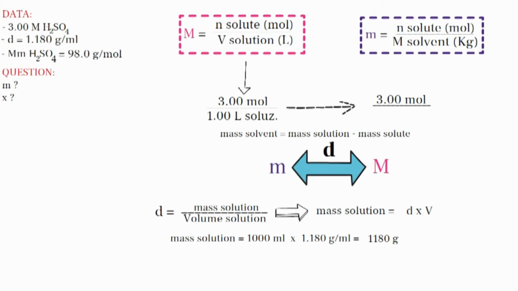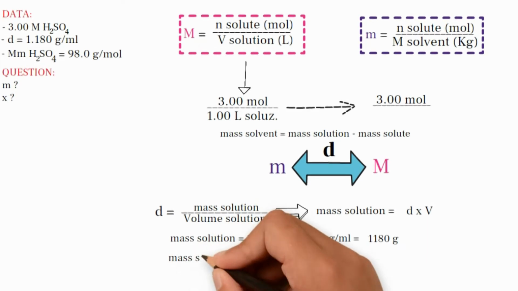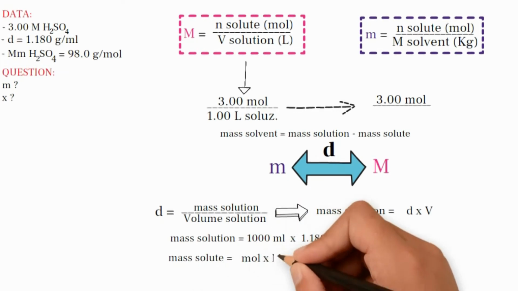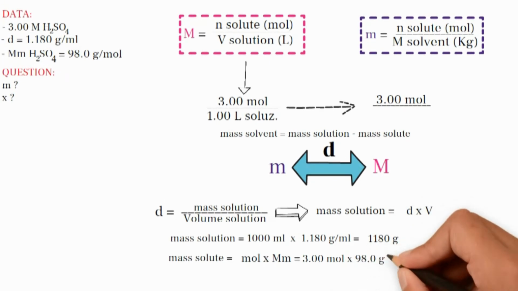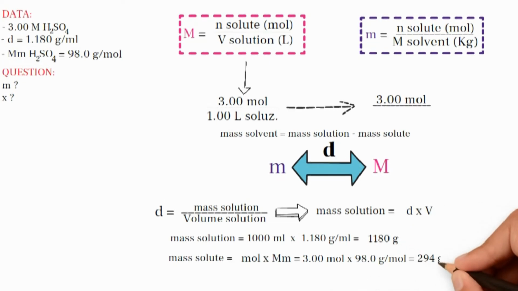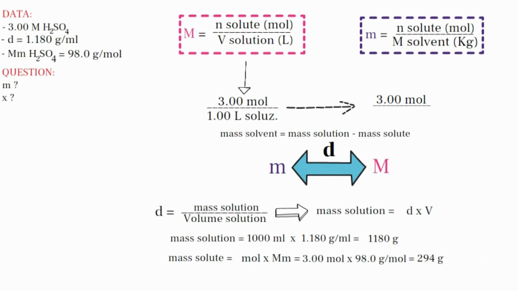Now how do we calculate the mass of solute? We know the mass of solution, but we also need the mass of solute. And the mass of solute is easy to calculate because we have the moles of solute. We just multiply by the molar mass of the solute, sulfuric acid, which is 98. So it's 3 moles times 98, which is 294 grams.